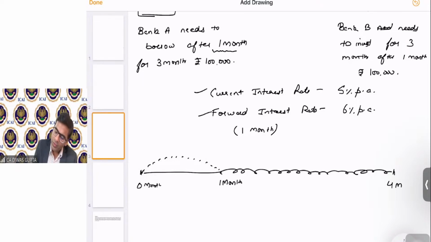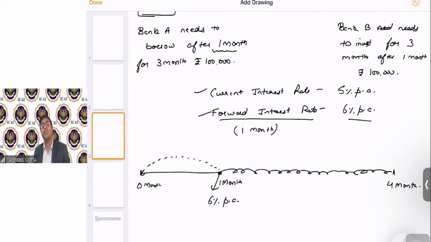That means we will reach the fourth month, correct? And here the borrowing will happen at the 6% per annum rate, which is the forward interest rate appearing as of the 0th month for the first month. Are you agreeing, students, till now? I hope this is clear. So the duration is actually 3 months.